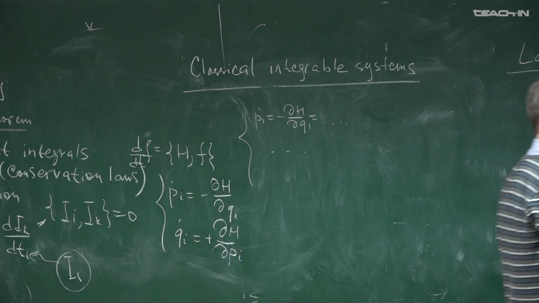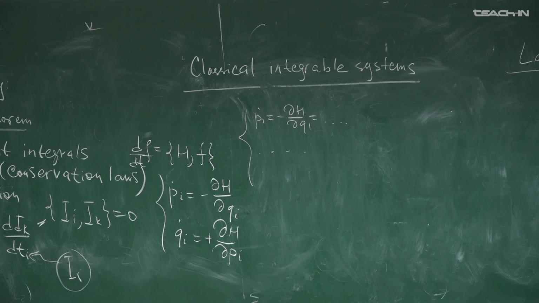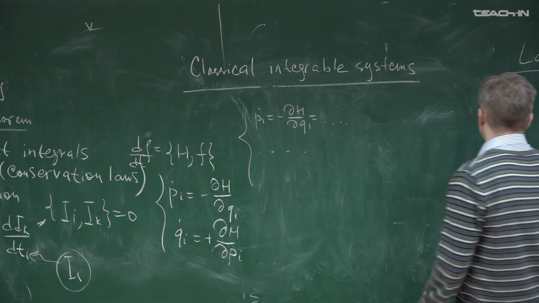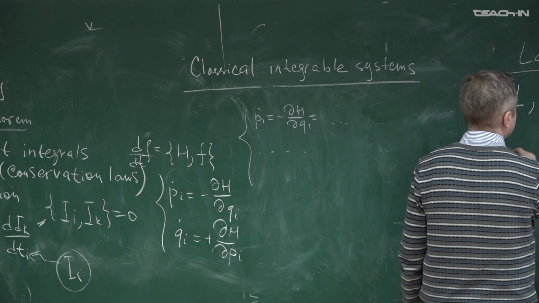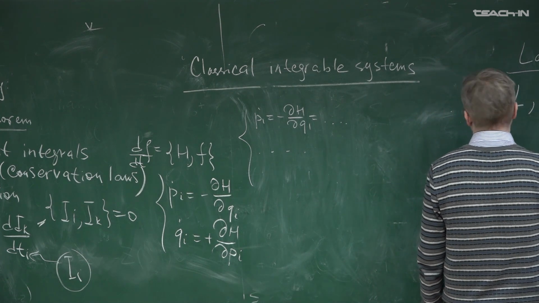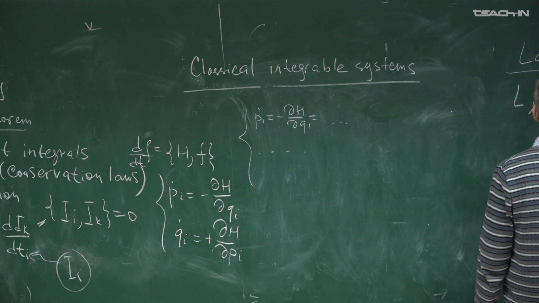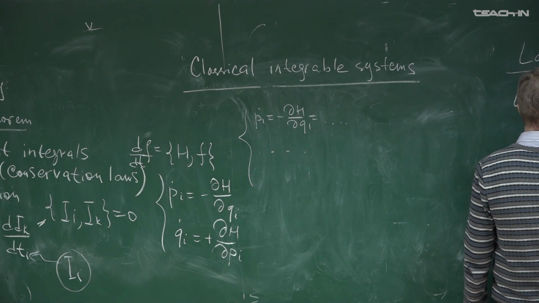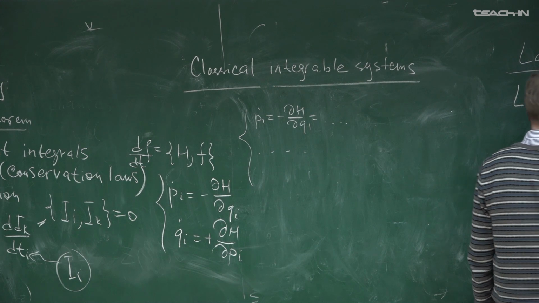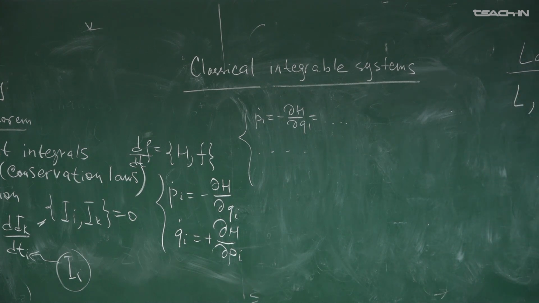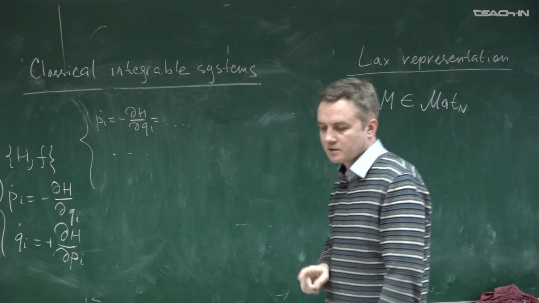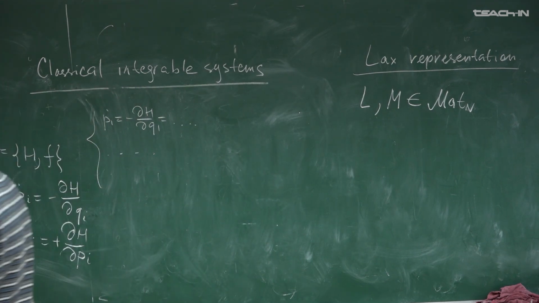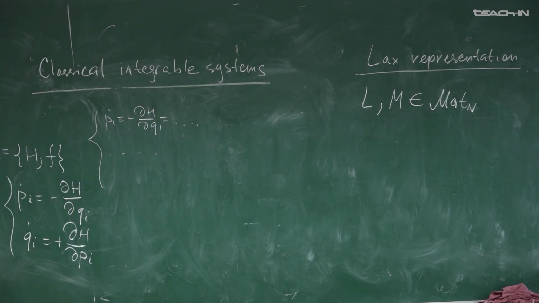Suppose now that all these equations can be written in matrix form. So we have two matrices, a pair of matrices. In some examples, let the size of matrices be n. But it is not necessary, in fact, that this n should coincide with the number of particles or something like that. There are different Lax representations.